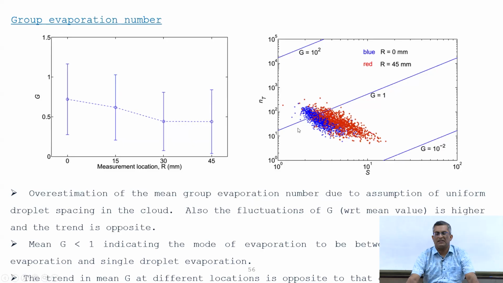So this means that you have internal group evaporation mode. Okay. So the group number is not very high, not much beyond 1, but still you see this effect, the group effect is present, and that is why we see such observations as this scatter in the distribution of vapor concentration and the number density.